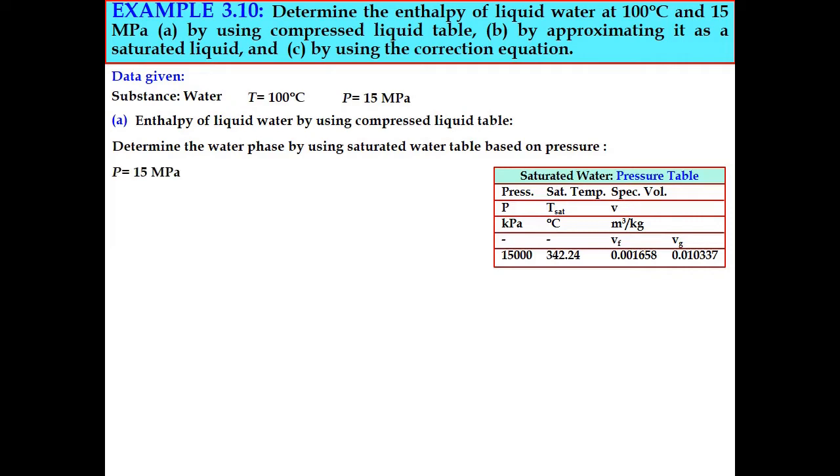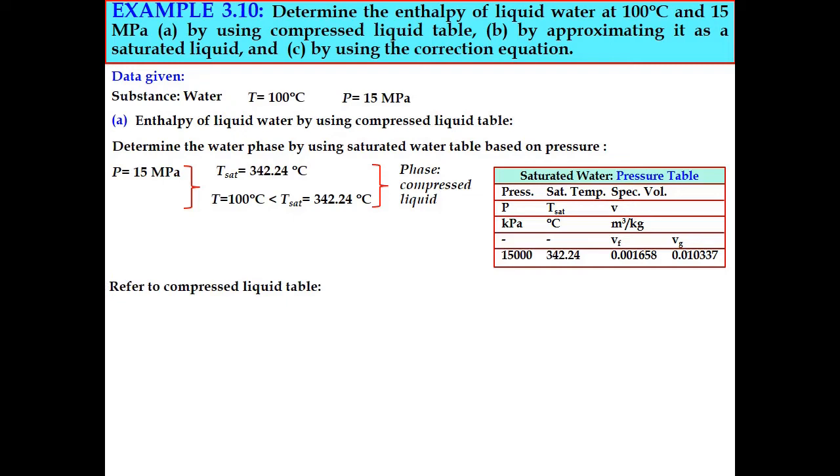So we have pressure 15 megapascal, and we get the value of T saturated at 15 megapascal, where the value of T saturated is equal to 342.24 degrees Celsius, and then compare with the temperature given, which is 100 degrees Celsius. So the temperature for this condition is lower than T saturated at 15 megapascal, so the phase confirmed is the compressed liquid phase.